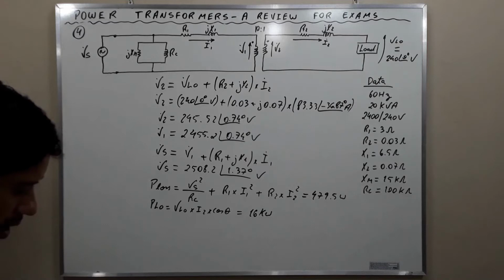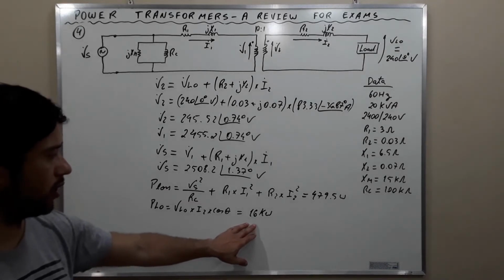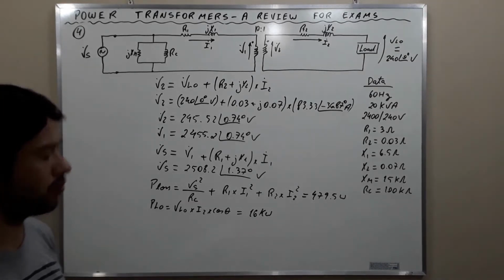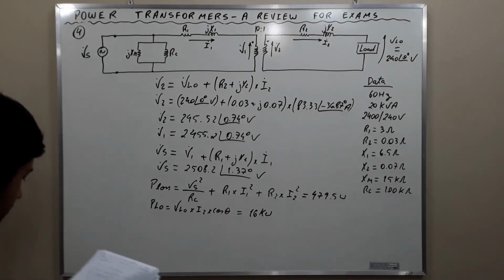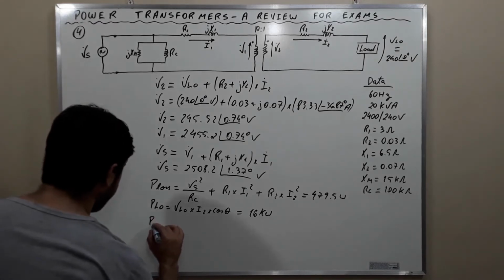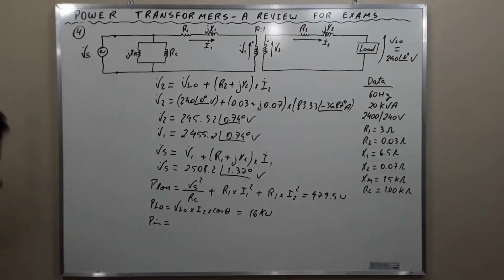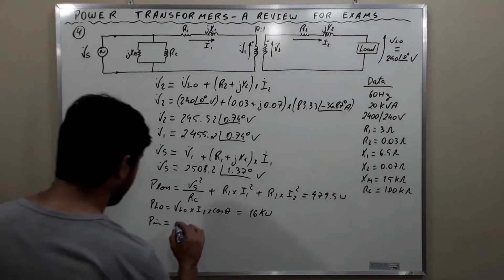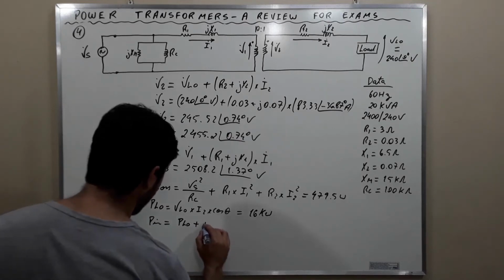The input power, this is the power delivered to the load, okay? 16 kilowatts, the power delivered to the load. The input power is given by the power that enters the transformer, which is going to be the output power plus the power lost.